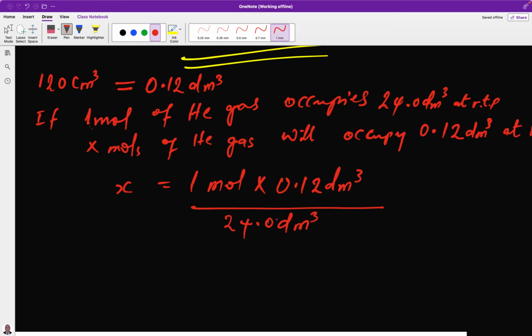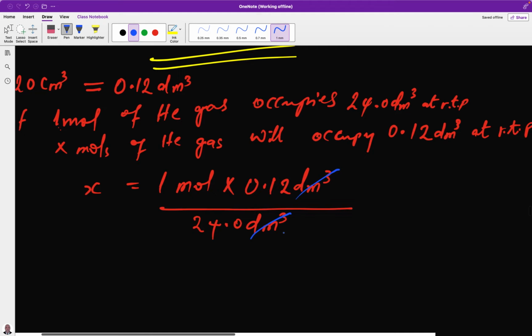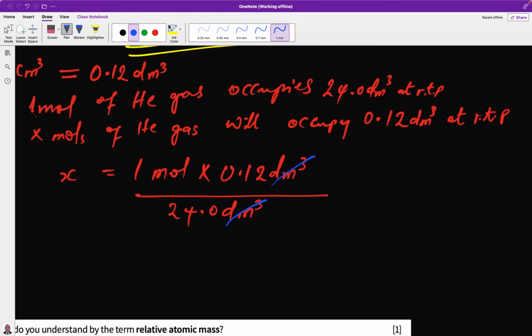If we do that, we will cancel out the units, and now we are looking for the number of moles of helium, which will be 0.005 moles of helium. That was the number of moles of helium.